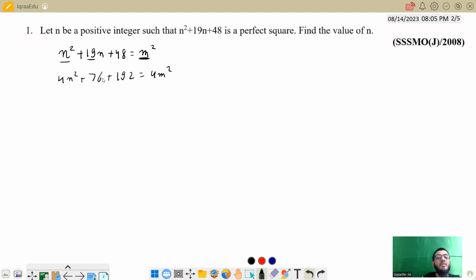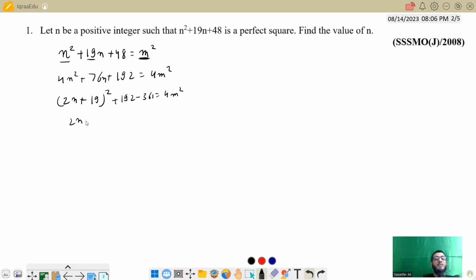So this becomes 2n plus 19 whole square, because twice into 2n into 19 gives 76n. And what is 19 whole square? 19 square is 361. So plus 192 minus 361 is equal to 4m square.